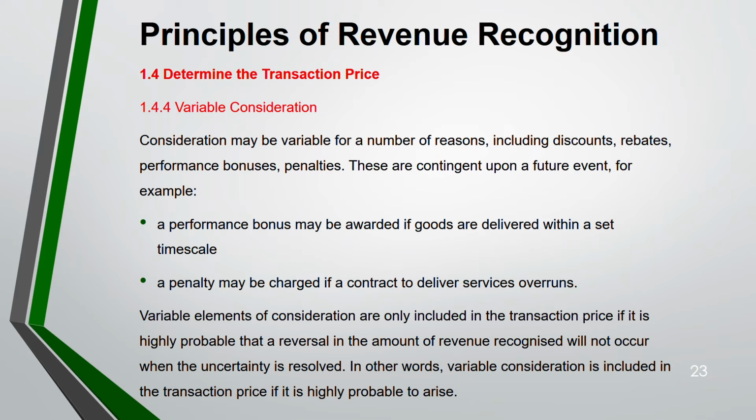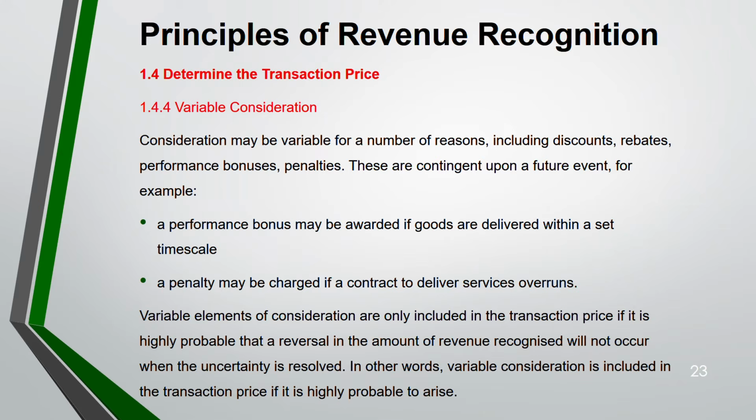Then the variable elements of the consideration are only included in the transaction price if it is highly probable that a reversal in the amount of revenue recognized will not occur when the uncertainty is resolved. In other words, variable consideration is included in the transaction price if it is highly probable to arise. What does it mean?